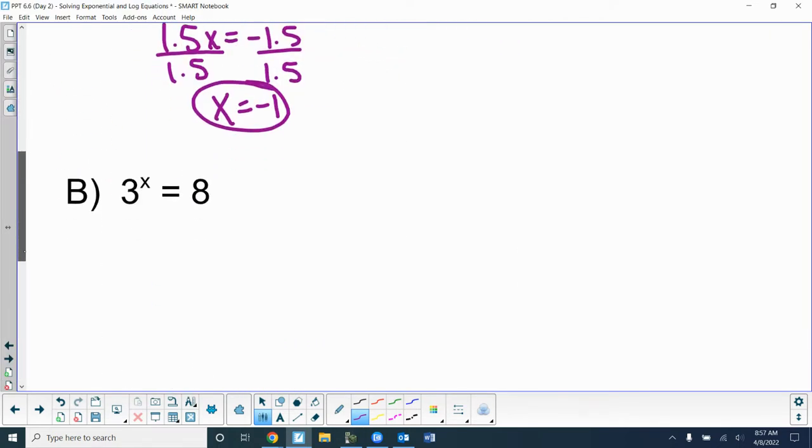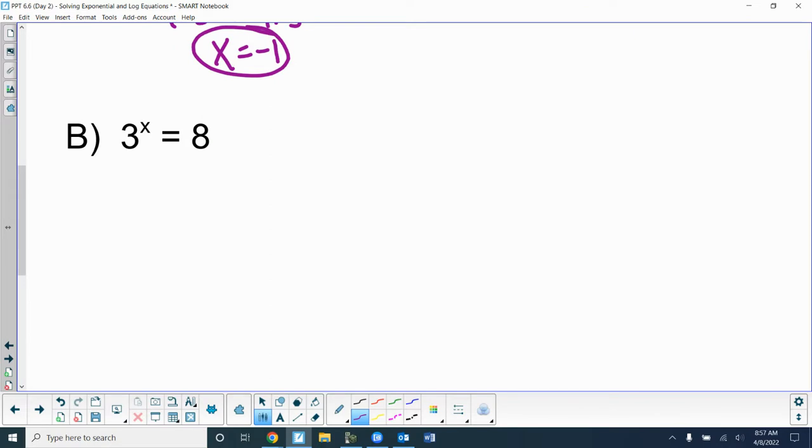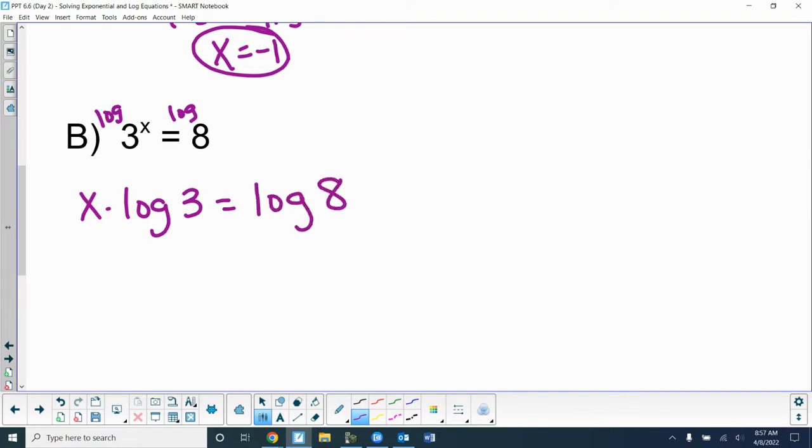About here? This is much easier. Why? When I take the log, where's that x go? Out front. So all I end up doing is dividing log of 8 by log of 3, right? And we're done.